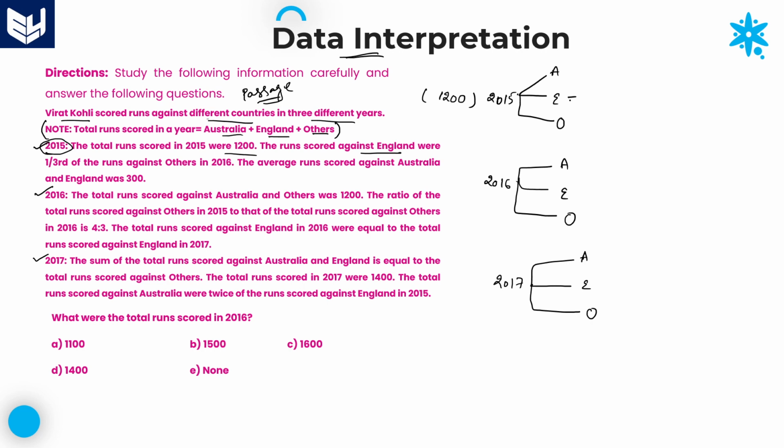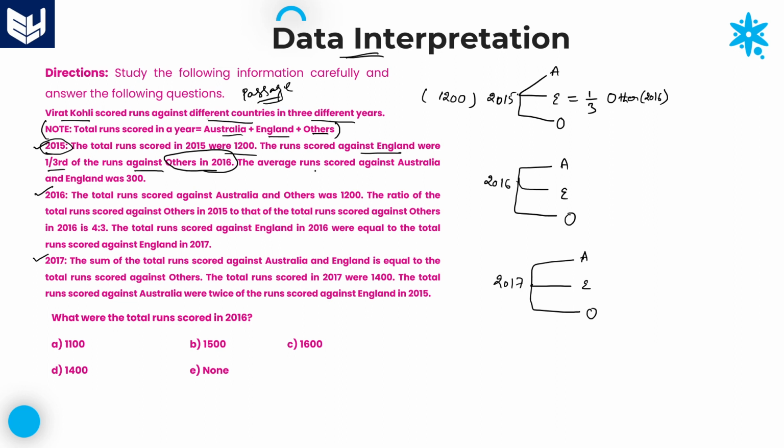This value was one third of the runs scored against other countries in 2016. See, in 2016 we don't know the value of others, right? So I'm just writing it like this only.